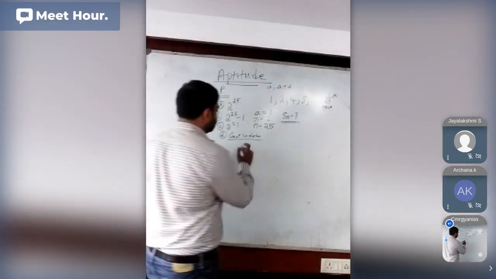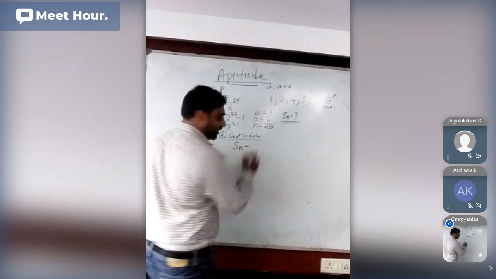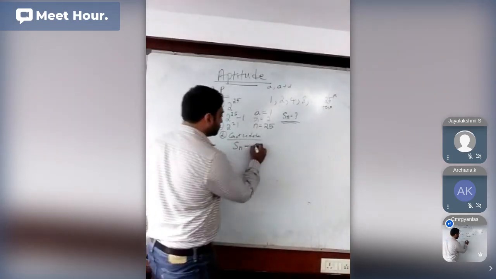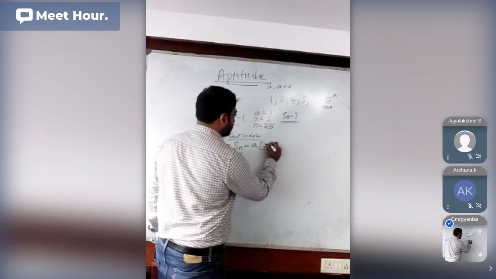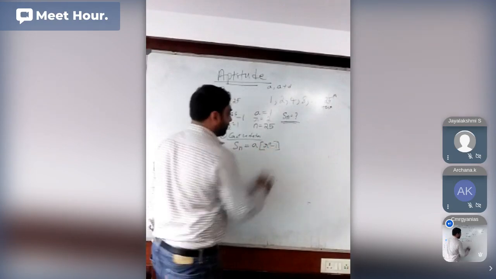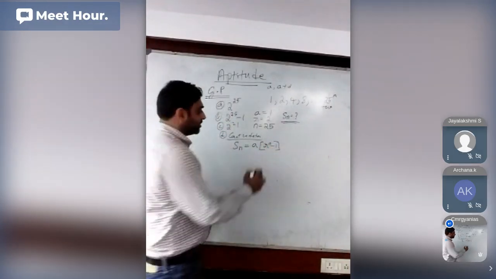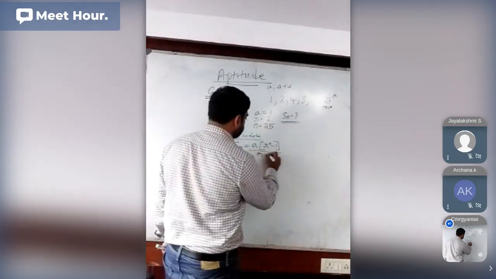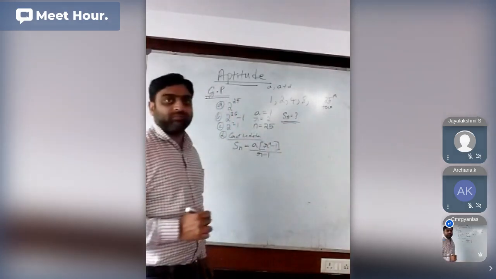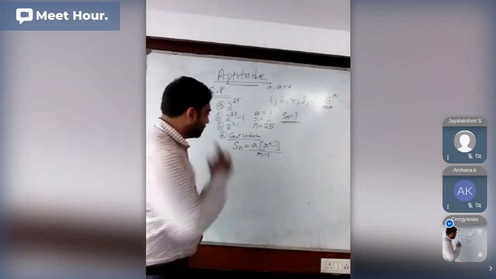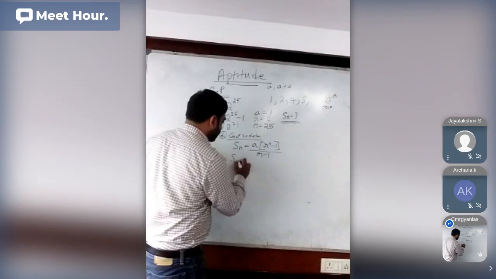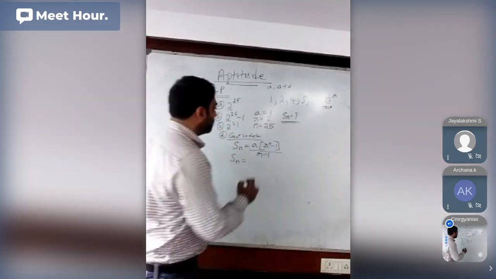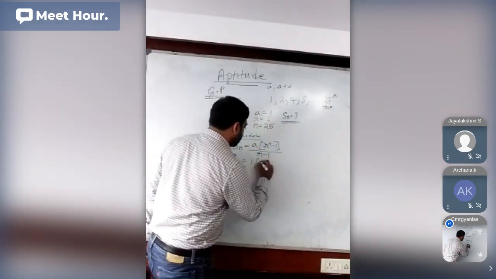Now, formula: S of n is equal to A into R to the power n minus 1, divided by R minus 1. This is the formula. So now S of n is equal to: A is how much? 1.